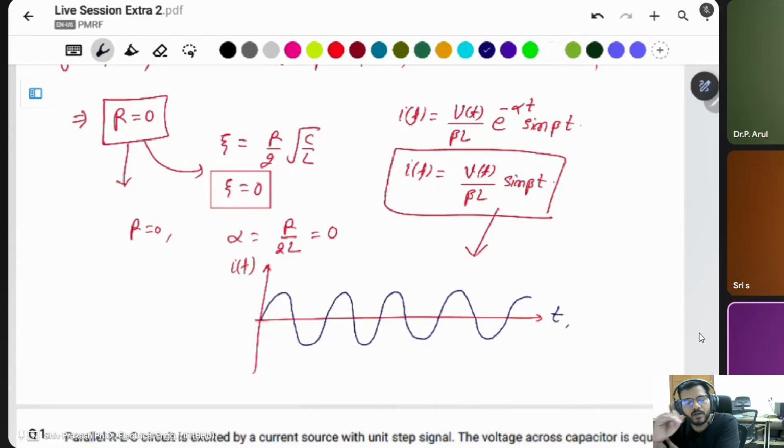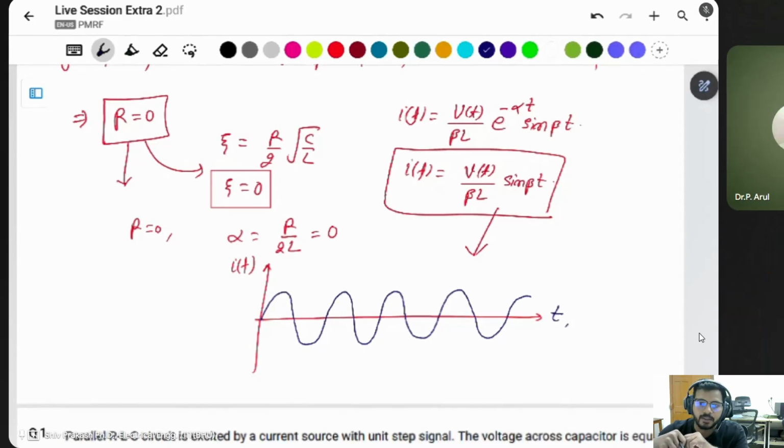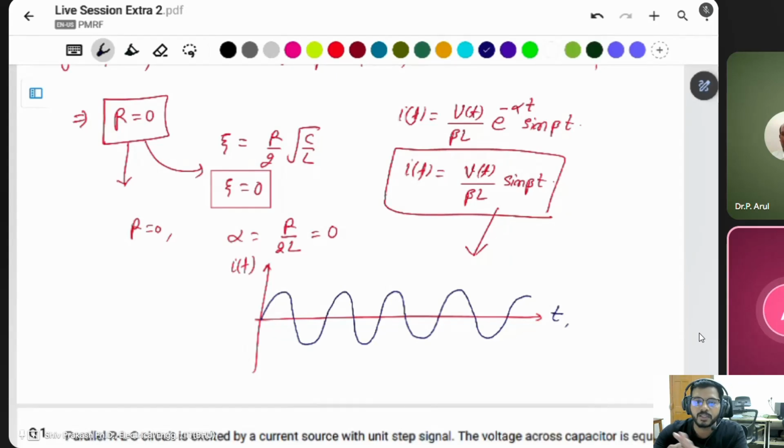This is a DC source applied to an LC circuit, where an inductor and a capacitor both do not work on a DC source. But here you can see the current is sinusoidal. The current never goes to zero. It means the circuit is working on DC.